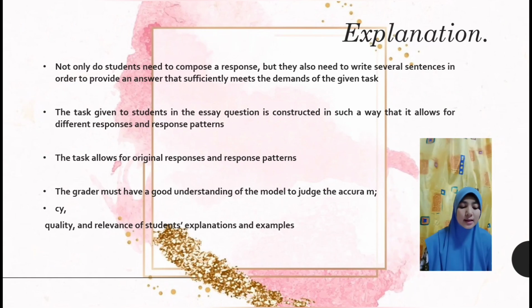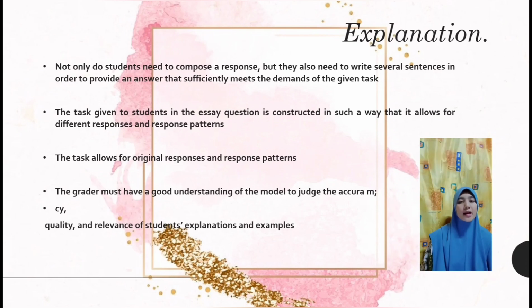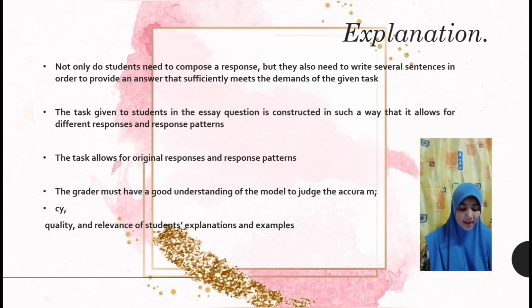Moreover, the task allows for original responses and response patterns. Lastly, the grader must have a good understanding of the model to judge the accuracy, quality, and relevance of students' explanations and examples. In conclusion, essay questions require students to compose their own answers.